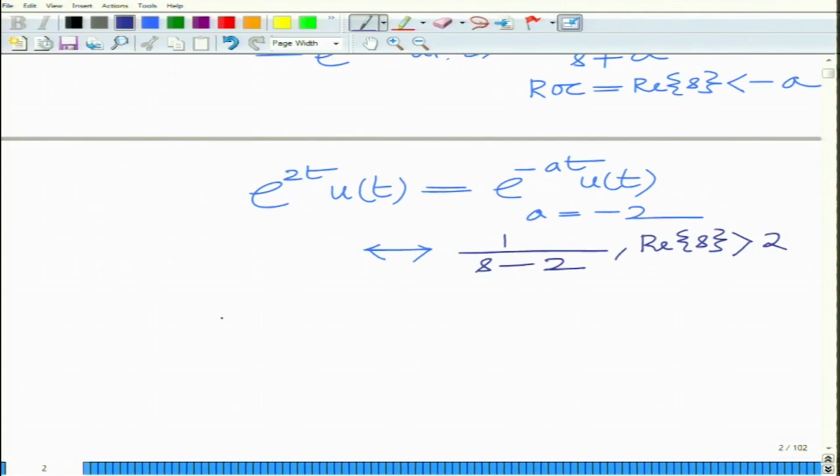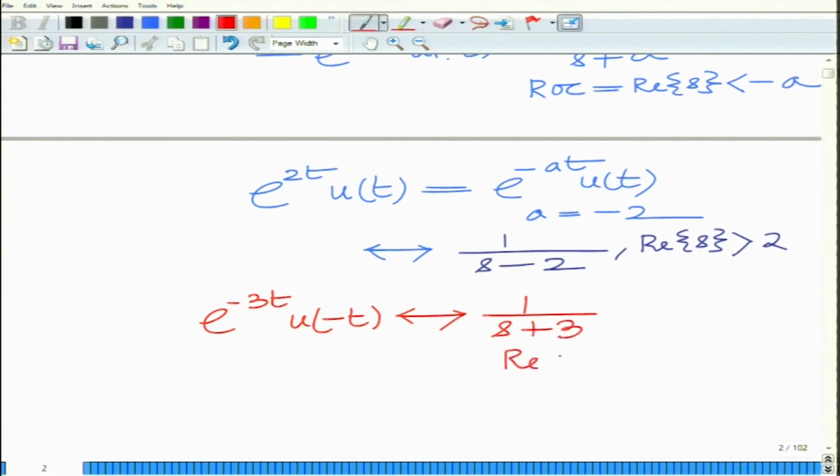On the other hand, let us look at the other signal, e raised to minus 3t u(minus t), which is e raised to minus a t with a equals 3. So the Laplace transform is 1 over s plus 3. The ROC is real part of s less than something, because this is a left handed signal.